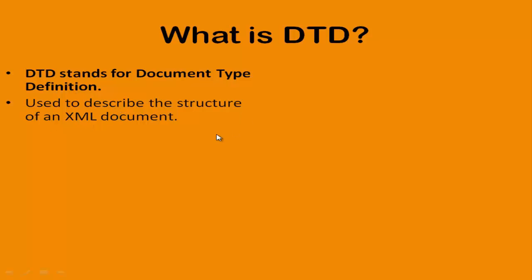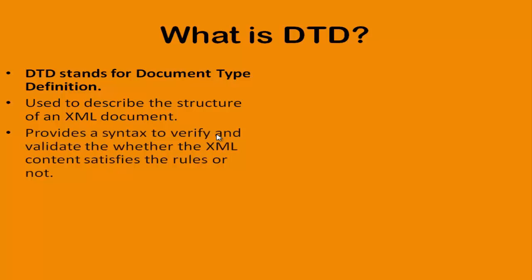So what is the use behind that? The structure that you are giving provides a syntax. That syntax is used to validate your XML document. As we have seen in our previous video, whatever the XML document may be, it must be constructed according to the syntax that is provided in the structure.